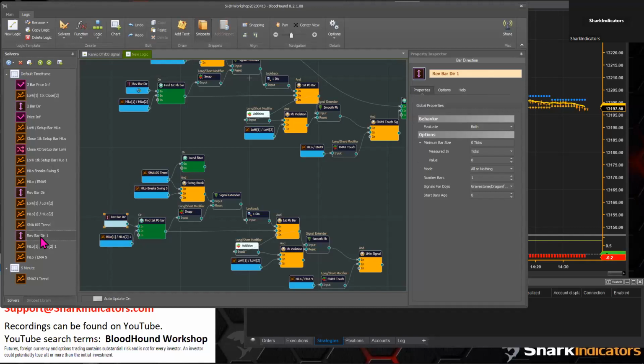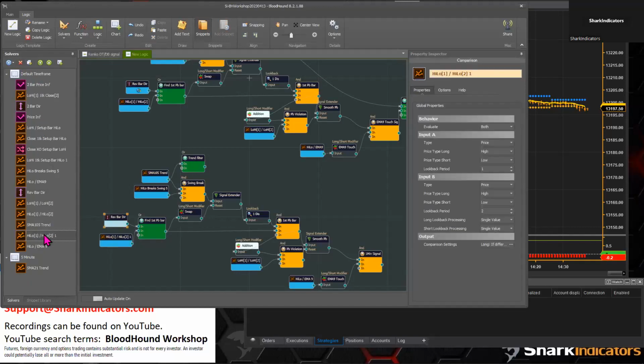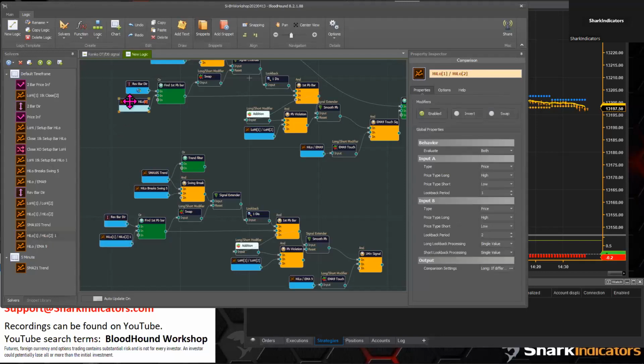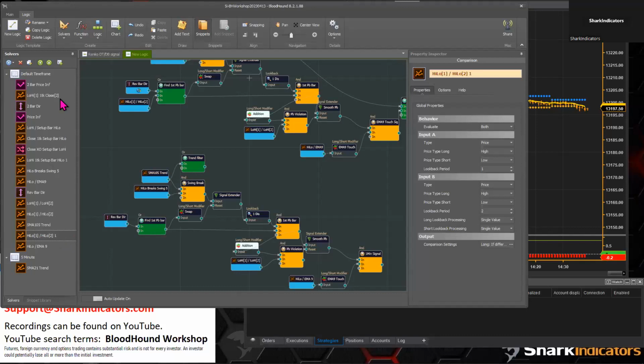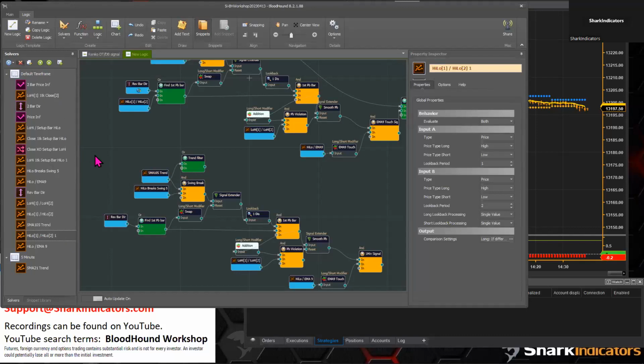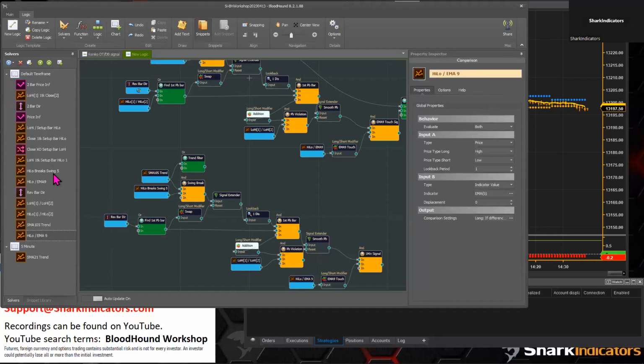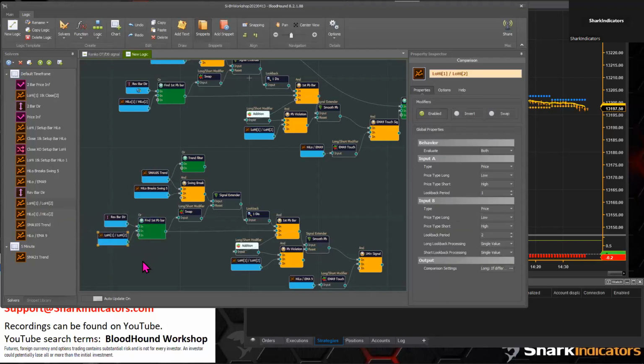Then I can delete that reversal bar. And here's another one I can get rid of. Let's delete that one. There it is, put that one in there.